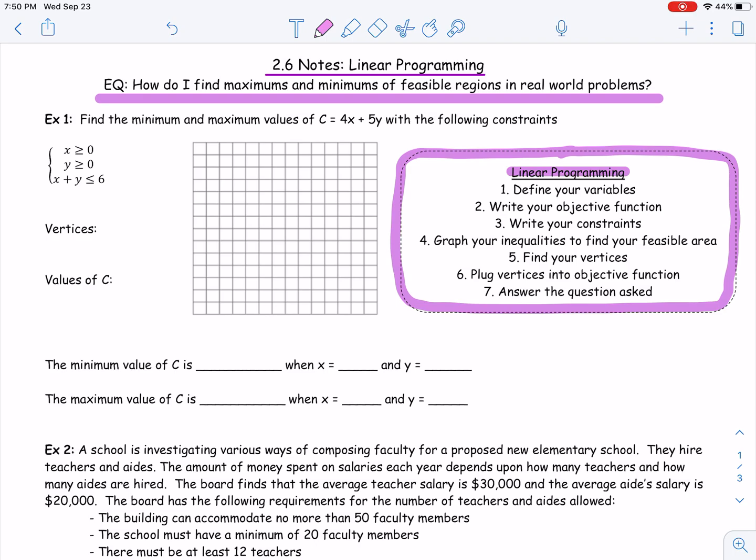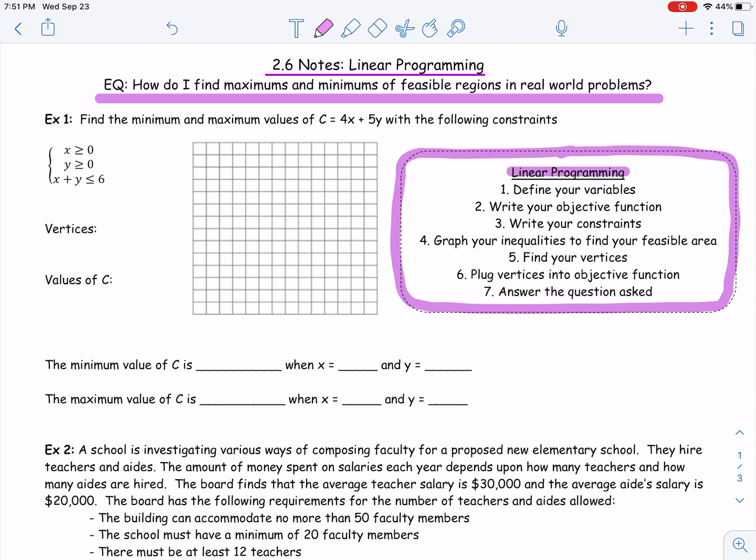And so when we're graphing these multiple constraints, these multiple inequalities, shading is going to be all over the place. So we're going to find the area where the shaded region is our answer. Okay, we call that the feasible area. So what we do after that is we find the vertices of that feasible area.